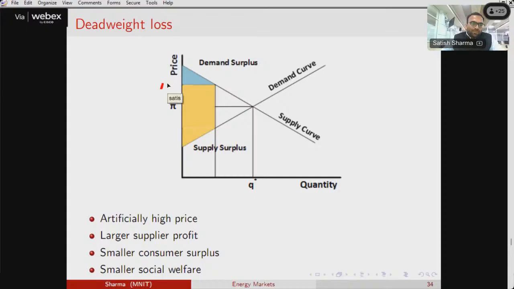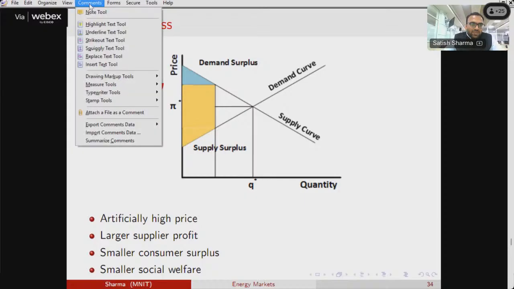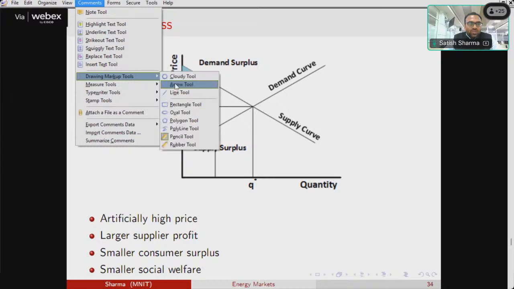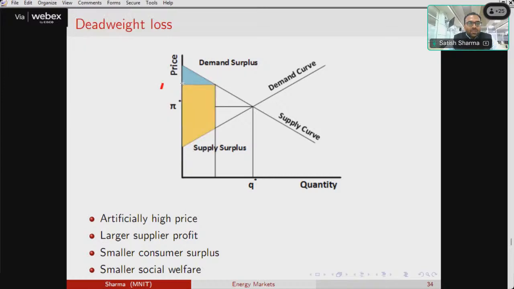Some price is being set up here, and if you see this particular price, a higher price instead of the price star, the demand surplus is very less and supply surplus has been increased. So the demand surplus is being reduced as compared to the earlier case, and supply surplus is basically this part. And if you see, this white portion is no longer a surplus, either supply or demand surplus.